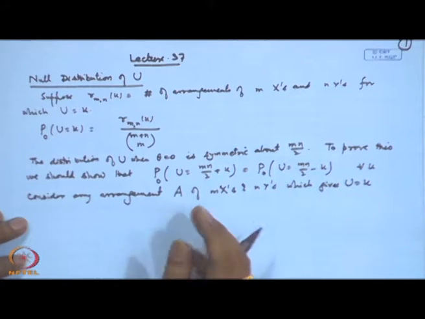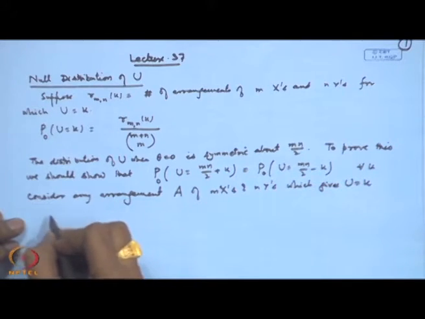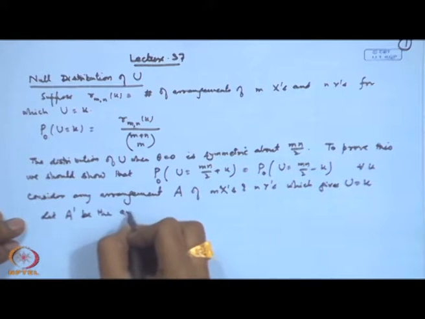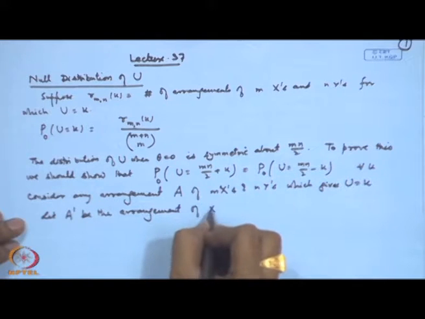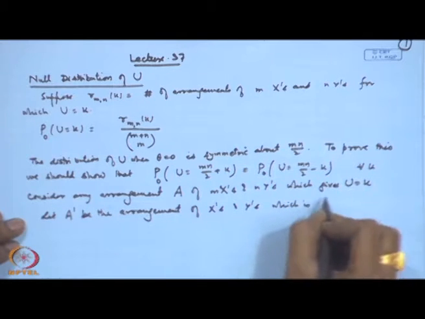Now, we consider the conjugate arrangement of x's and y's, that means, in which the positions of x's are replaced by the positions of the y's, that means, the roles of x and y are interchanged. I call that as the arrangement A prime. Let A prime be the arrangement of x's and y's which is conjugate.